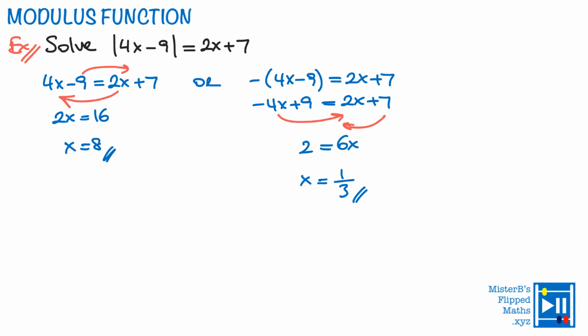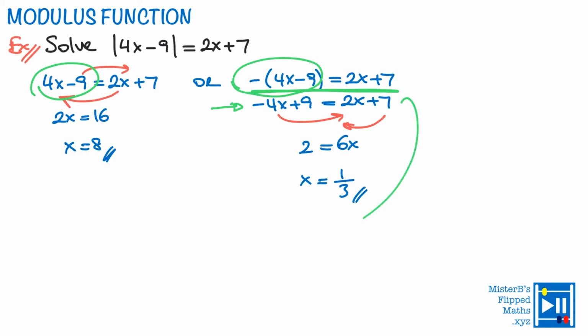Now, in this second part, please make sure that you write this expression rather than this one, because it is very important that you show that you know it's either this or this, all right?